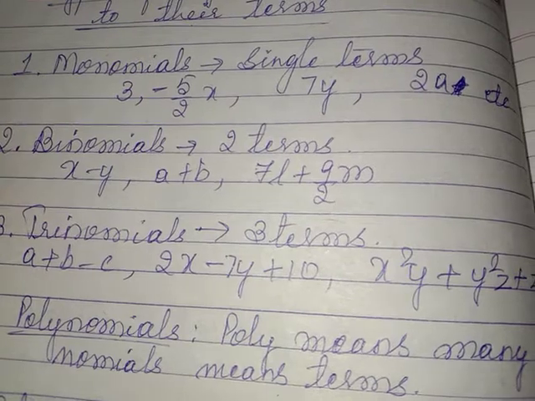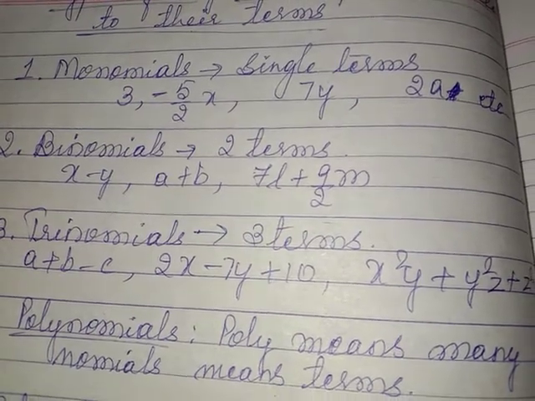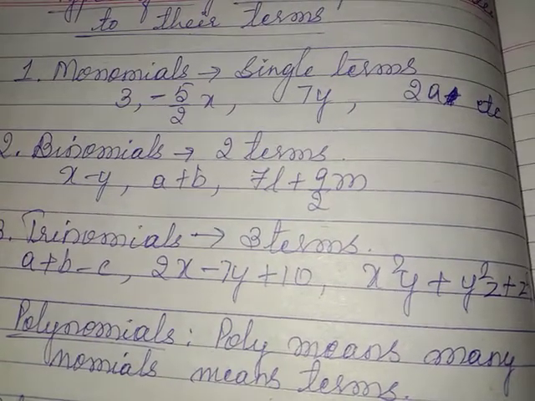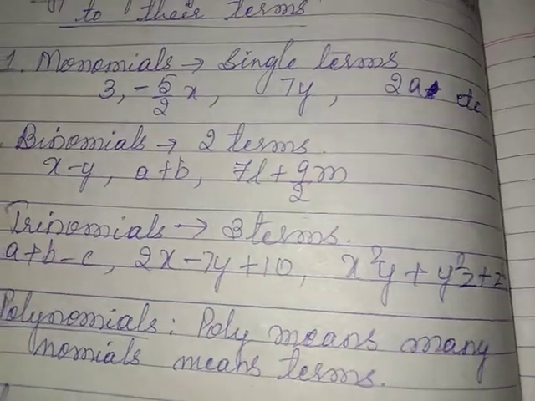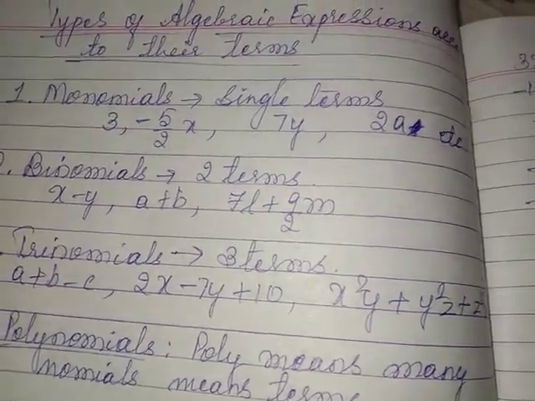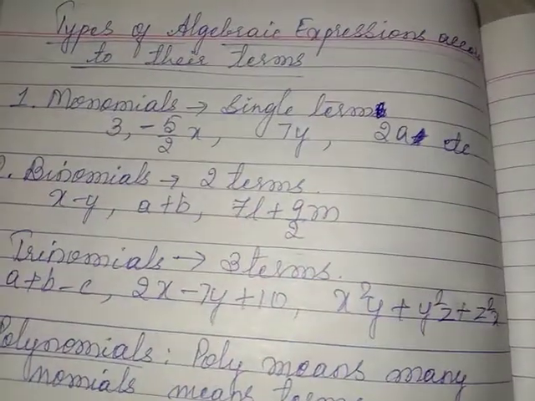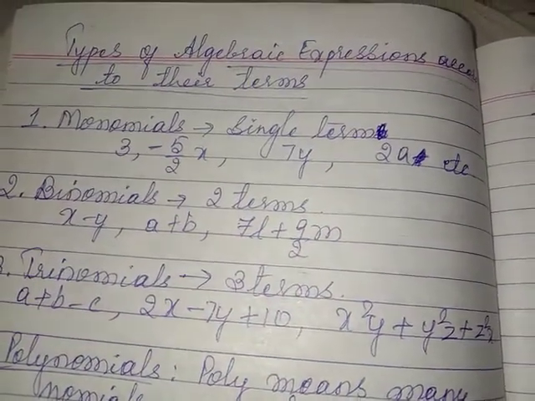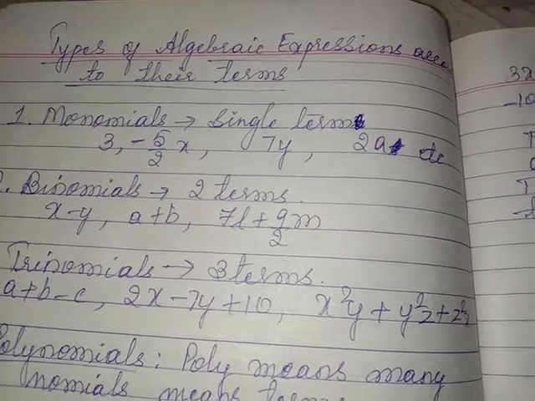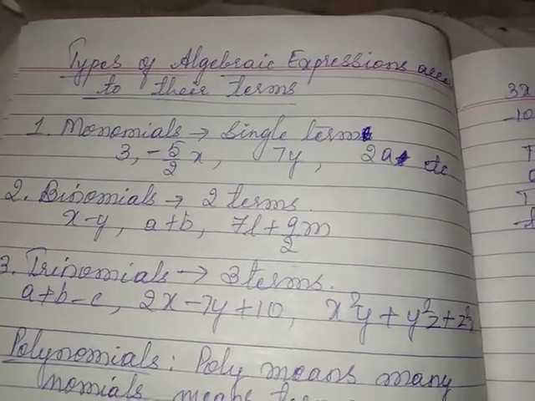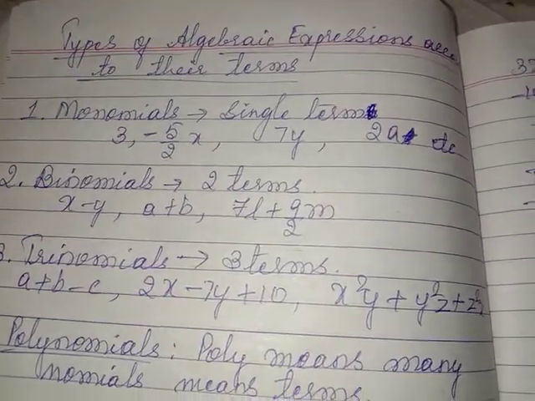Monomial contains a single term. It is a single term. So how can you define it? An expression having only one term is called a monomial.